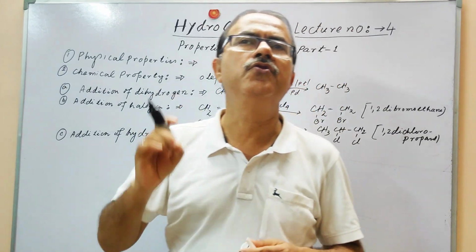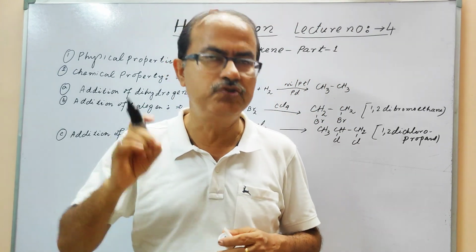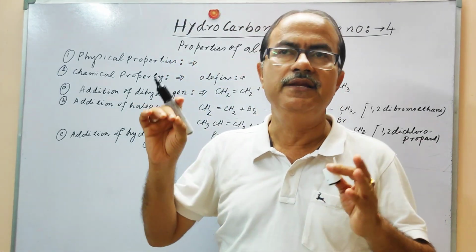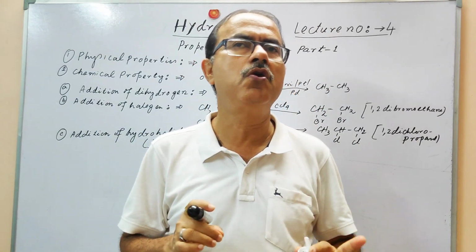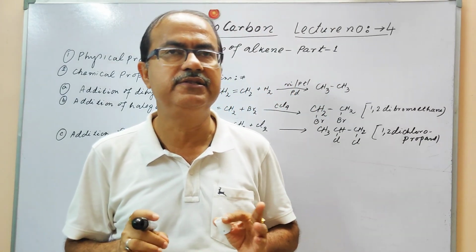When this hydrogen halide, or halogen acid, reacts with an alkene, it is going to form alkyl halides.